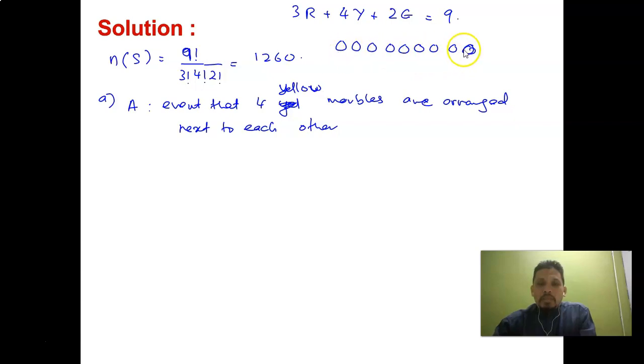Among these colors, we can arrange them in many ways. For example, red, yellow, green, red, yellow, green, yellow, yellow, or red, yellow, yellow, red, yellow, green, green, yellow, and red. You just arrange it as many ways as you can. But then the event A here is that the 4 yellow marbles are arranged next to each other. So just imagine that these 4 will never separate.